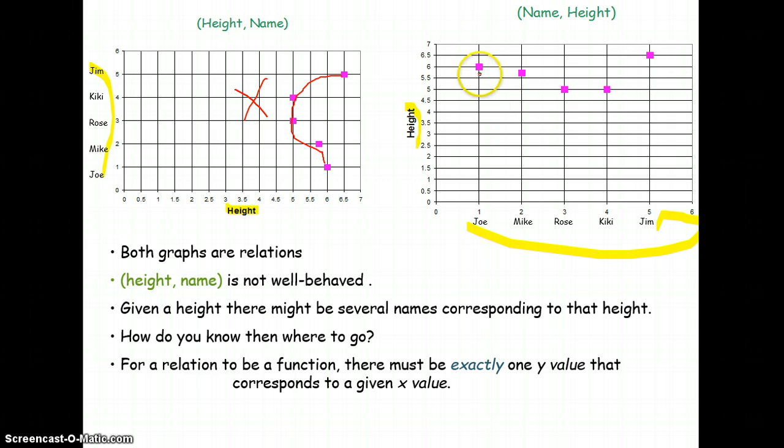But in this case, what happens? We have different x values because they're all different people, and we can have the same values in y, but since they're with different people, this should give us a function.